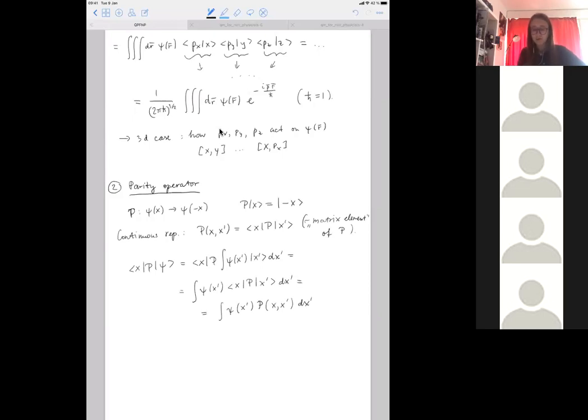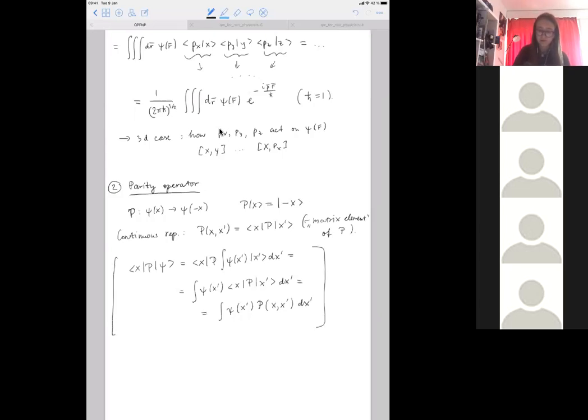So if we have the continuous representation of the operator, then essentially we don't have to work with kets and bras anymore. We can just work with this continuous representation if we already have the corresponding representation of the wave function psi. Then we will know how exactly this operator acts on the wave function.